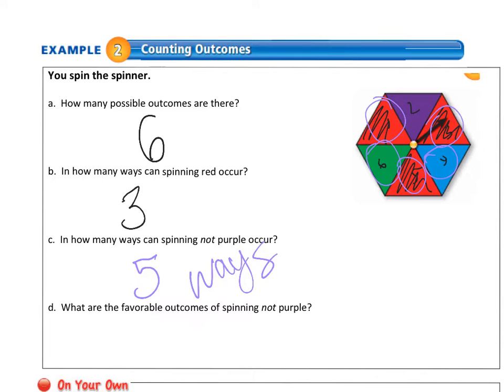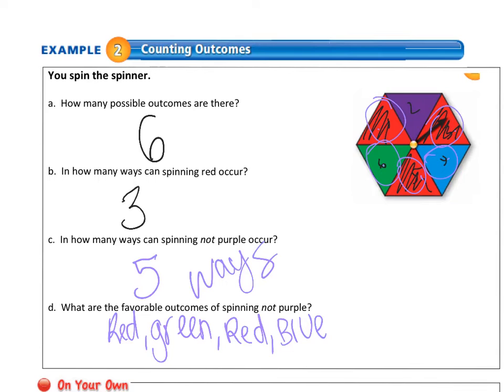Now we have to list off each one of those 5 favorable outcomes. So we have red, green, red again, so we list it again, blue, and red. Those are all the different ways we could get not purple.